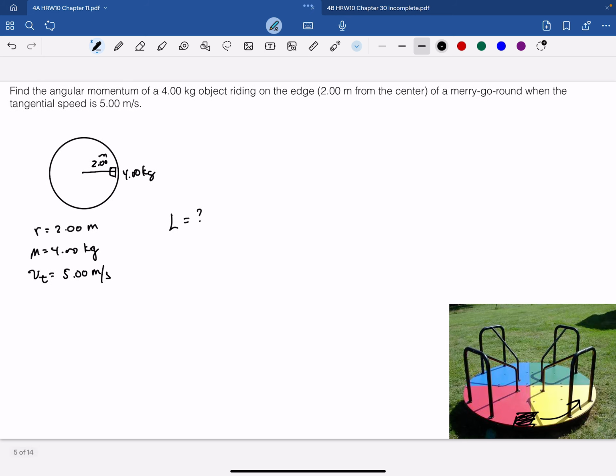We've got R, we've got M, we've got V. Like I said, the calculations tend to never be all that difficult. It's getting the application and directions right that can be a problem, which we're going to do in a bit. So I'm going to go ahead and use RMV. Well, that's 2 times 4 times 5. Is that 40?